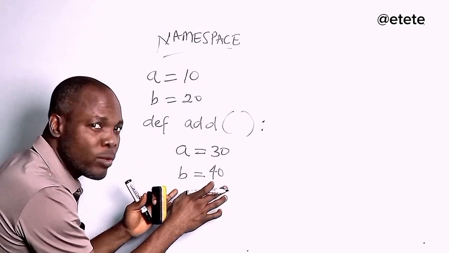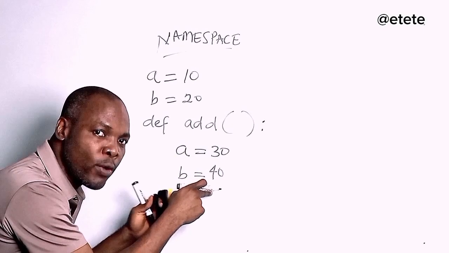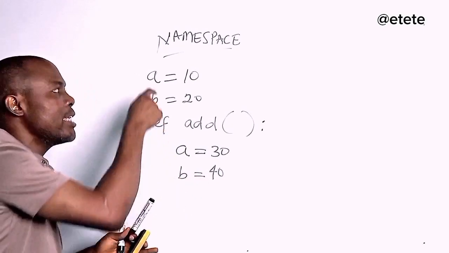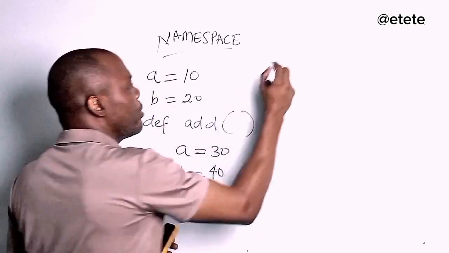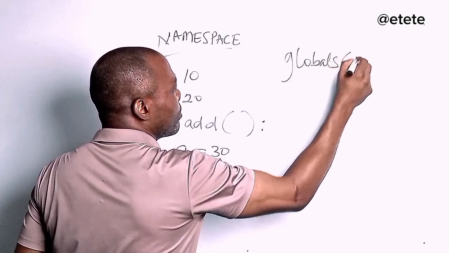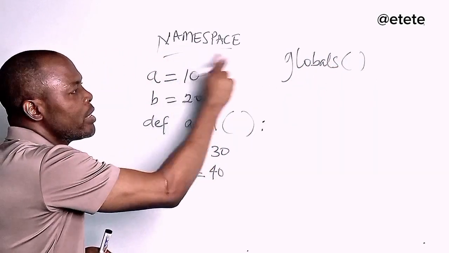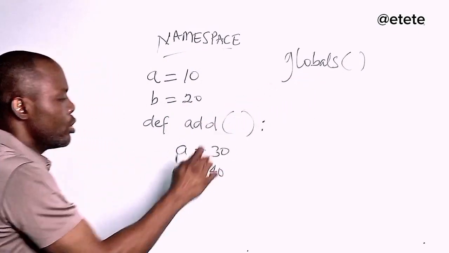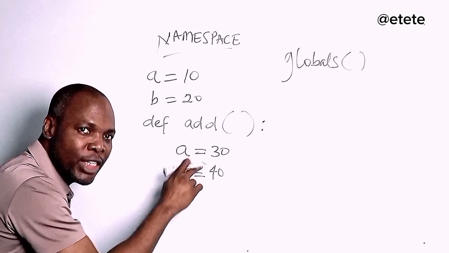Now, I want to carry out an activity here, which is what? I want to stay inside this function and access this global namespace. How will I be able to do that? Then I will need the global function. So this namespace is using this global function to access the global variable from inside this function.